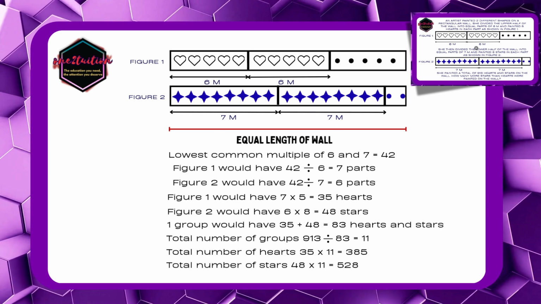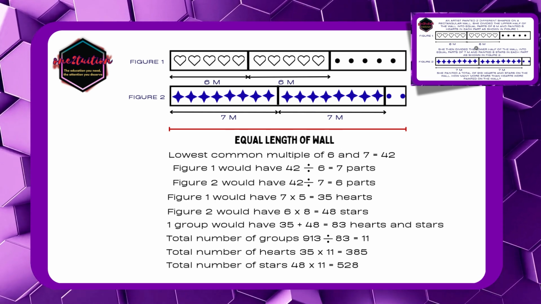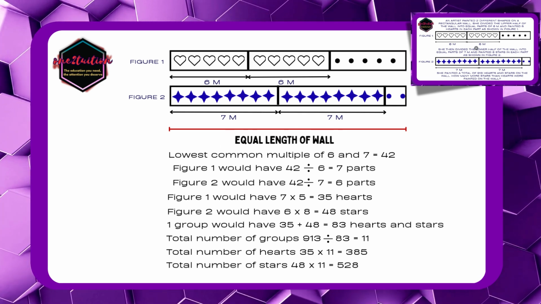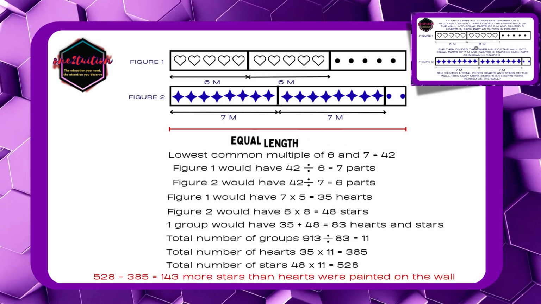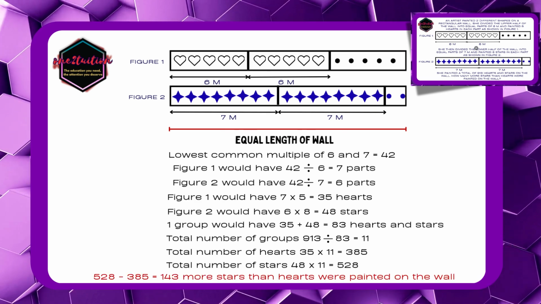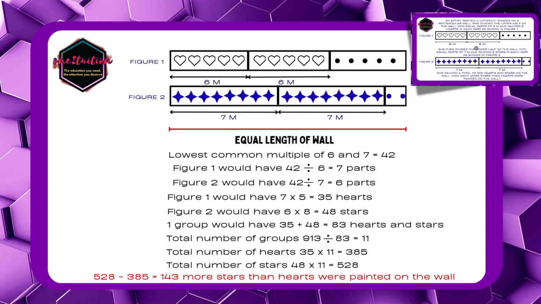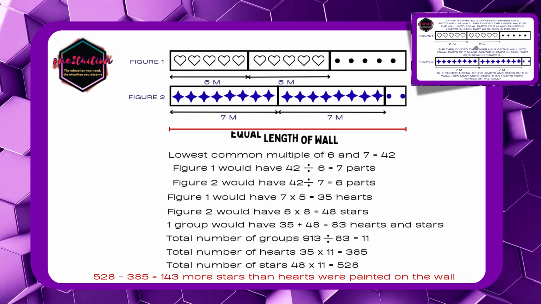Total number of stars, 48 times 11, equals 528. Now, we subtract to find how many more stars than hearts are on the wall. 528 subtract 385 equals 143 more stars than hearts were painted on the wall.